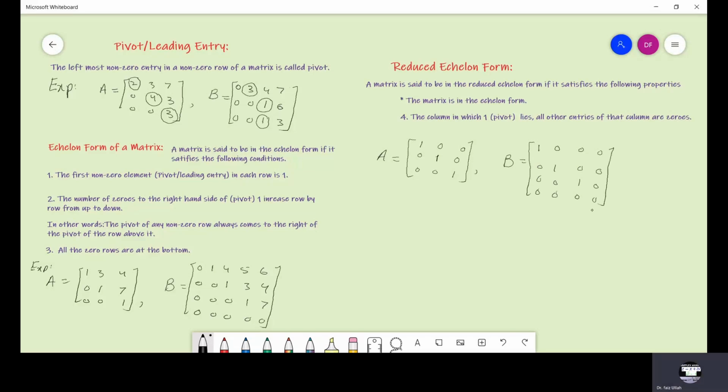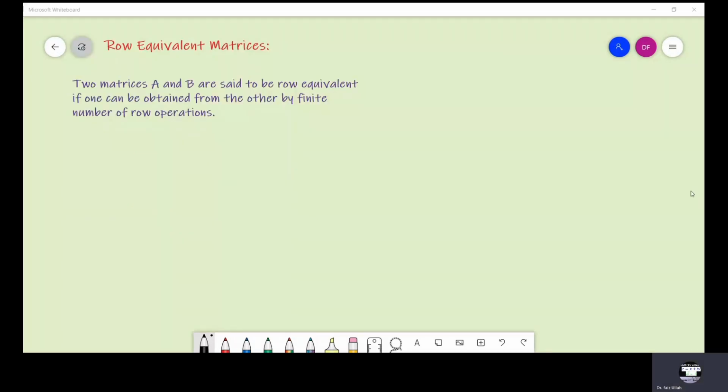Now you can see this matrix is in the echelon form, and in addition, the column in which one lies, all other entries of that column are zeros. So this is in the reduced echelon form. In some cases, we say that this is a row echelon form and row reduced echelon form.